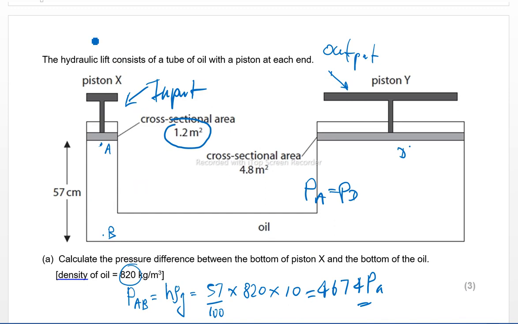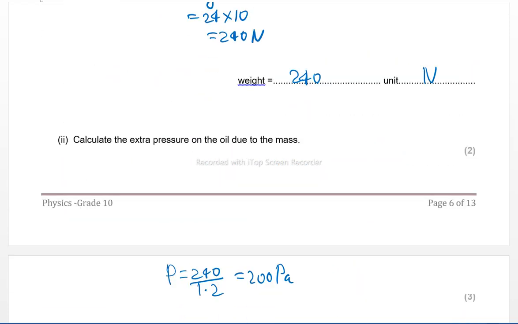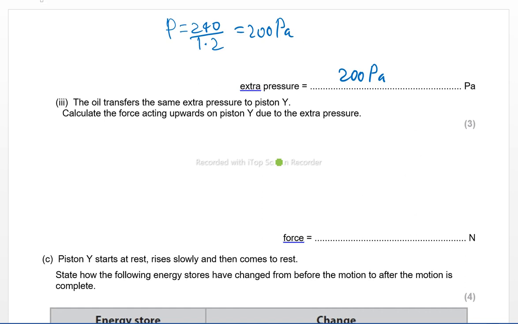So if it is the same liquid at the same level, the liquid pressure is the same, right? So can you see that they are at the same level? Yes. So same liquid, same level, pressure is same. Therefore, we'll use that there. So the pressure was 200 at that point. So at point Y, closer to piston Y also, the pressure has to be 200.